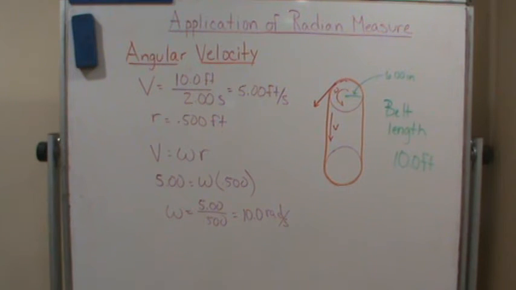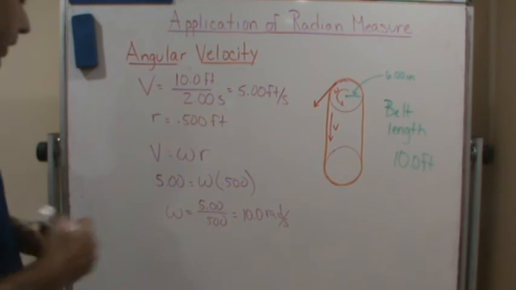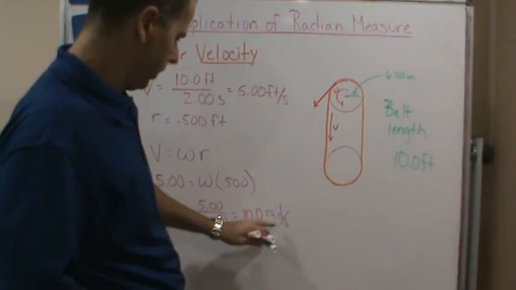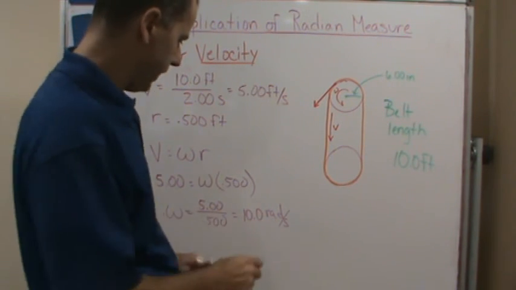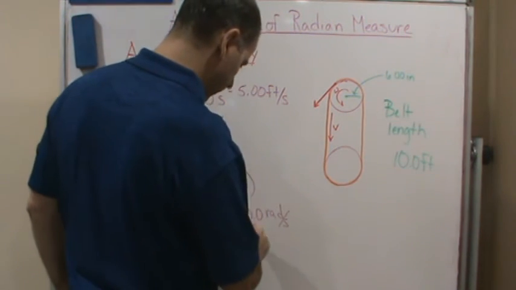Okay, now let's change this to revolutions per minute, since that's more of how we do this. So what we want is revolutions per minute. Again, we're just going to convert this.